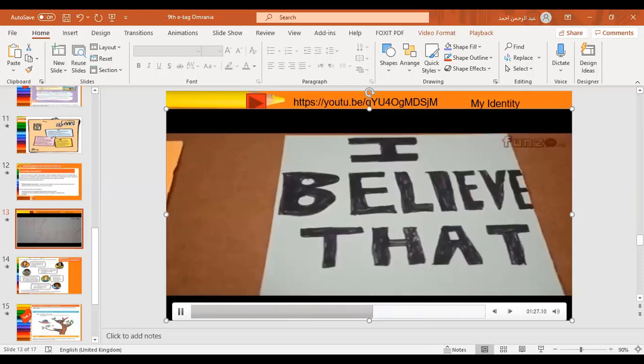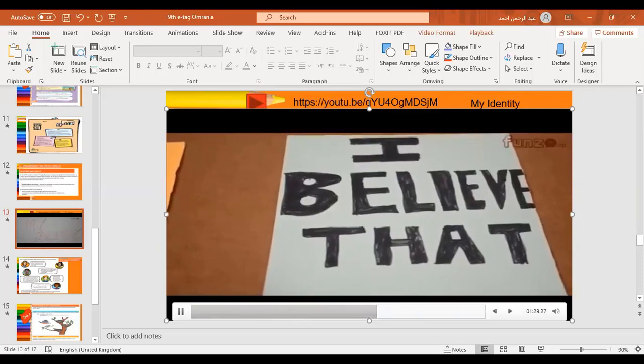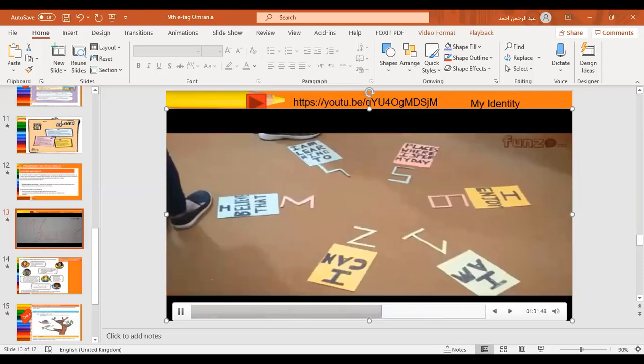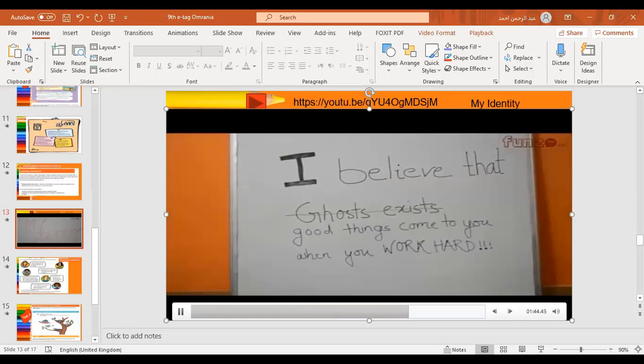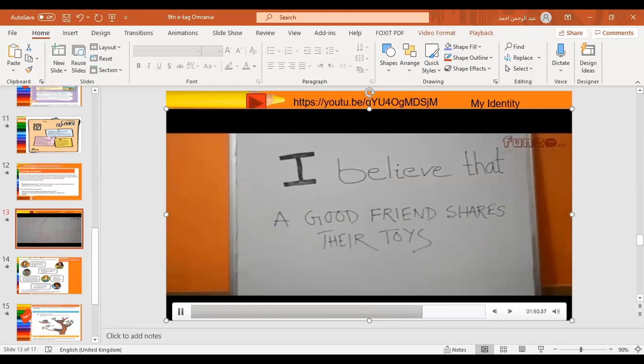And number 3 represents I believe that. Now player A will share one thing that he or she believes in. He or she will use a sentence that starts with the words I believe that, such as I believe that ghosts exist, or I believe that good things come to you when you work hard, or I believe that a good friend shares their toys.